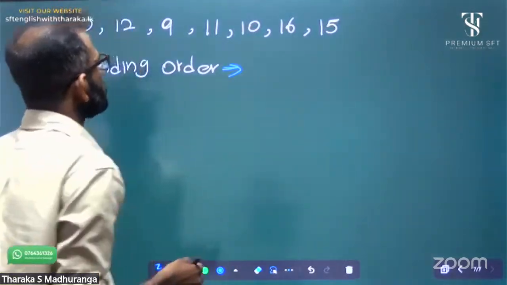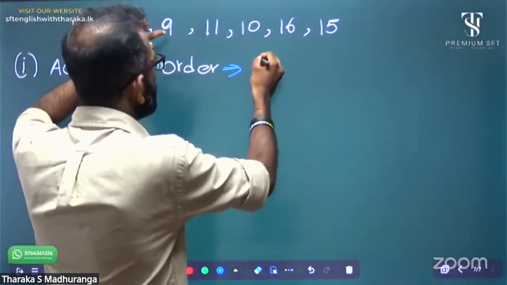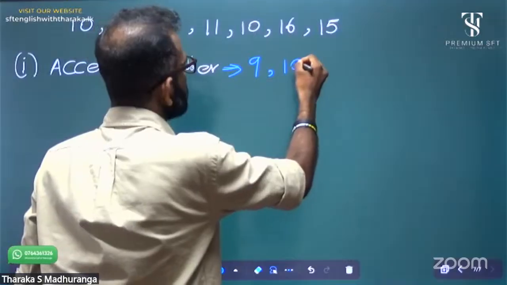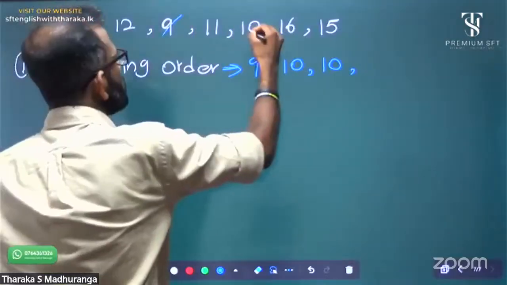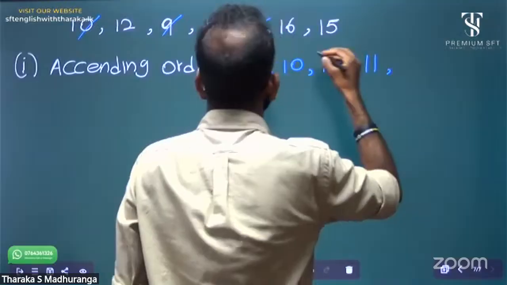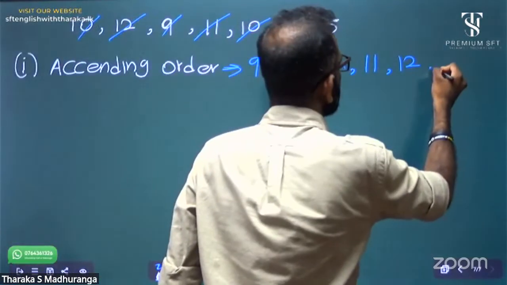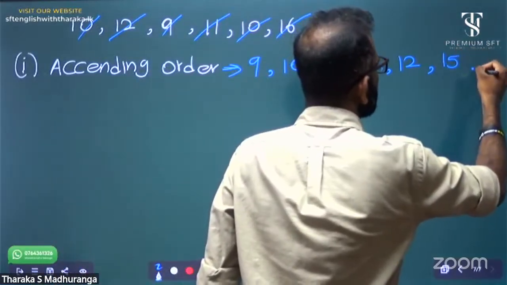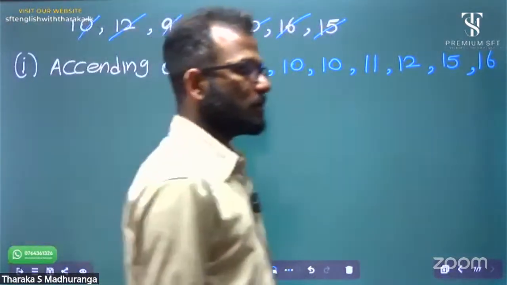Okay, how to prepare in ascending order? 9 is the minimum. Then 10, 10 again. 9 complete, 10 complete, 10 complete. 11, done. 12, 15, 16.